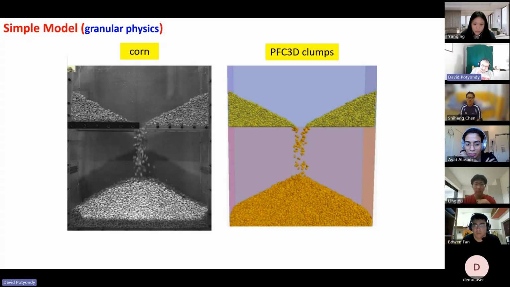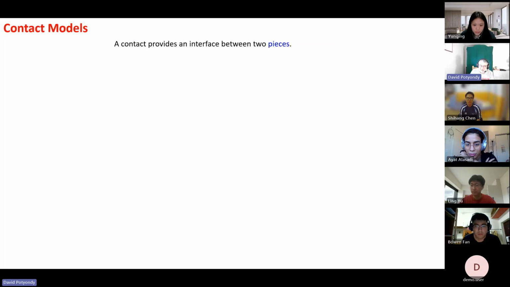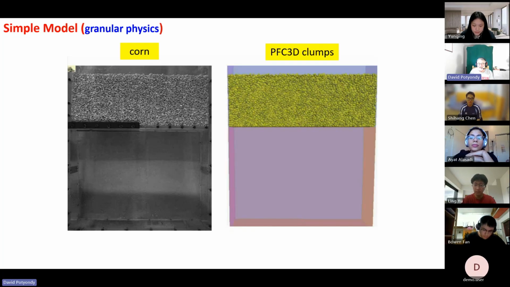And so again, even with a crude representation of shape, as long as you have that in there, you're getting quantitatively the behavior of granular materials. And the last thing I'll say is there's a whole entire lecture about PFC and granular flow, and I'll just let you look at that yourself if you're interested in this topic. That's all we're going to talk about at this point.